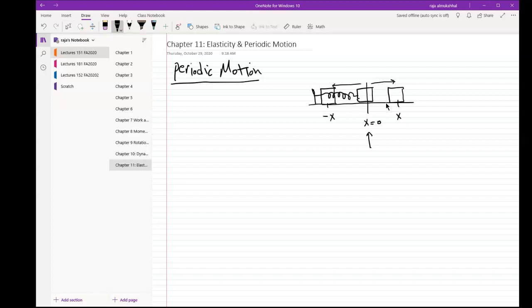So we can say that there is a force acting on the object that tends to always restore it to the equilibrium position.